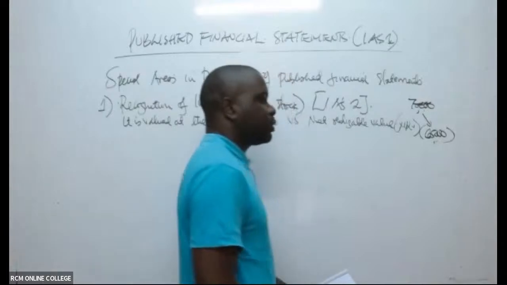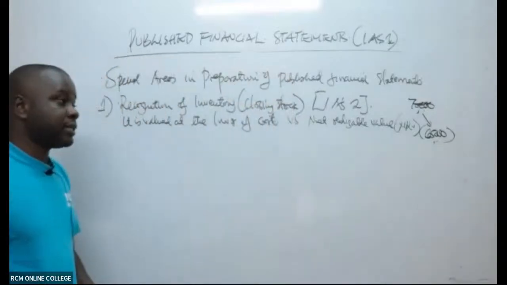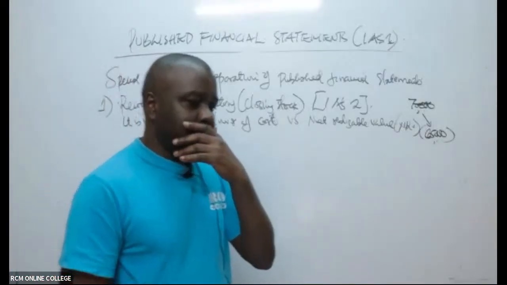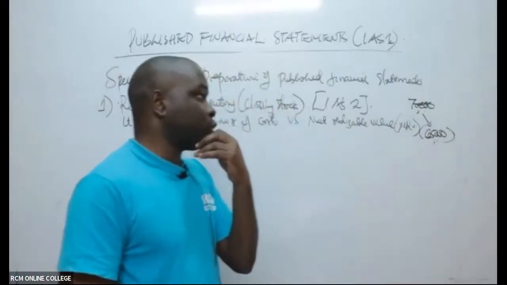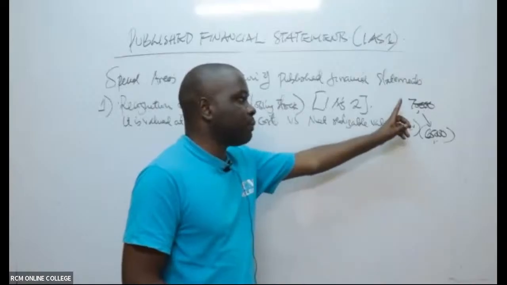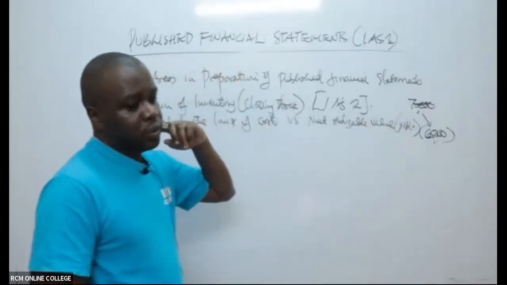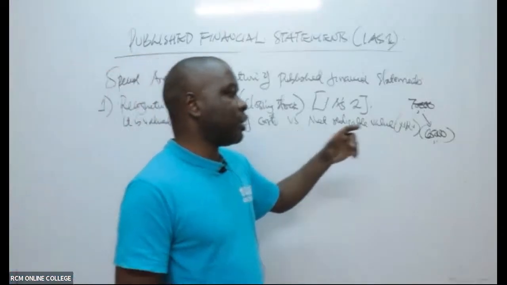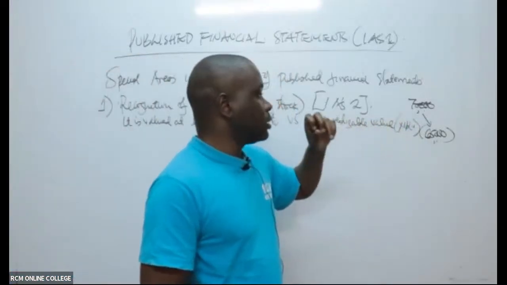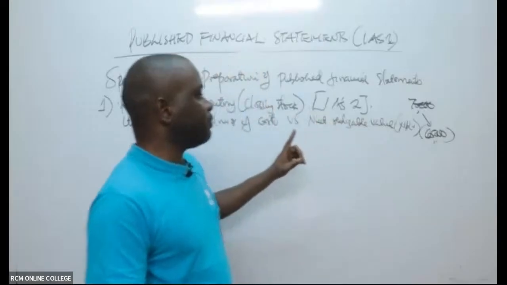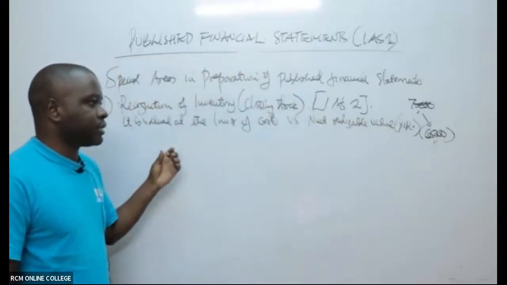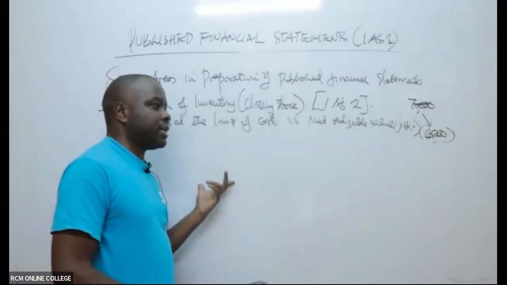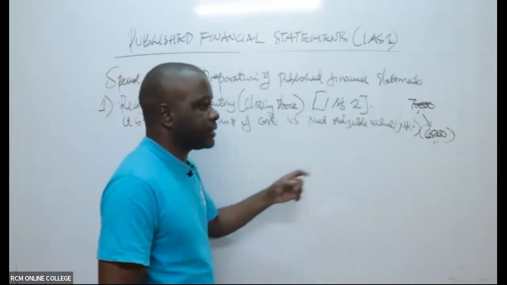Obviously, when you purchase items, you are expecting to sell them at a profit. But there can be a number of factors that cause you not to realize even the amount you purchased those items for. You'll end up disposing of them at a lower value. If that is the case, when you are valuing this inventory for the balance sheet, or calculating the profits in the income statement, you'll take 65,000.